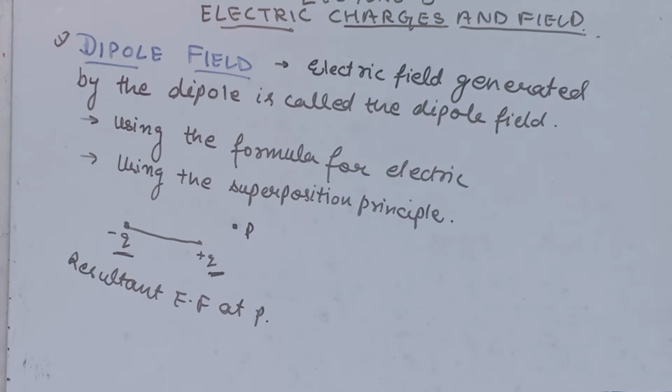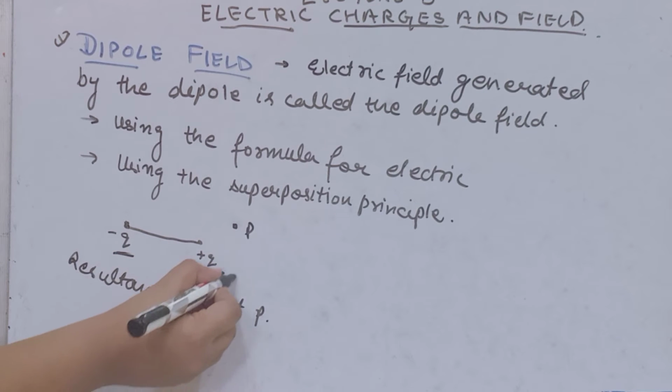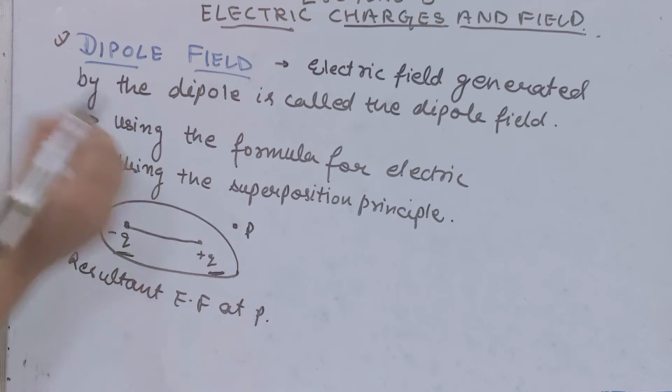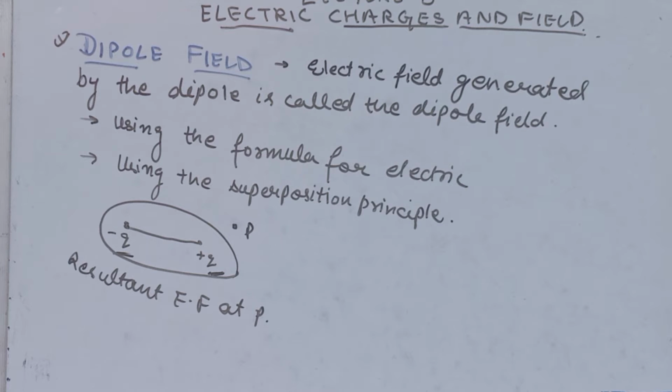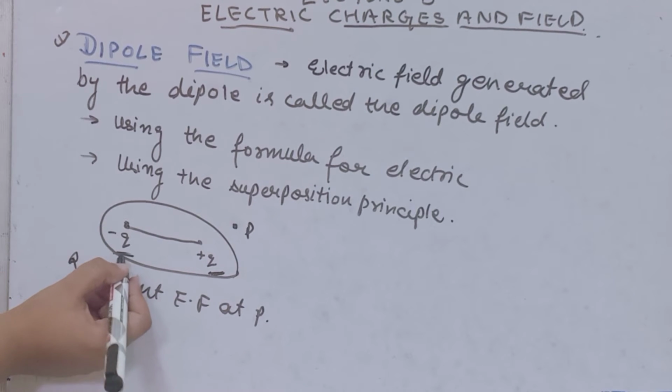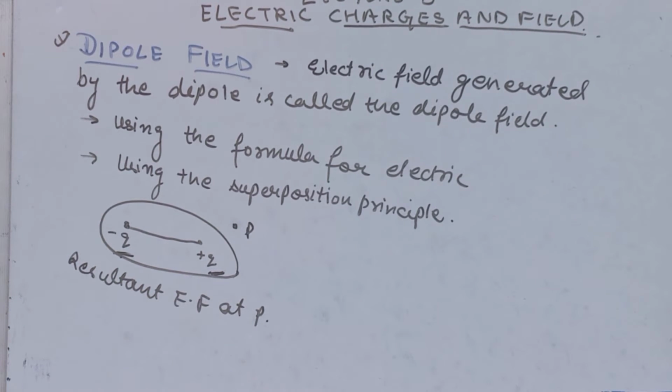Now see, since we have two equal and opposite charges present here, one can say that the electric field due to this system should be 0, because we have two equal and opposite charges, that is one is plus q, one is minus q.